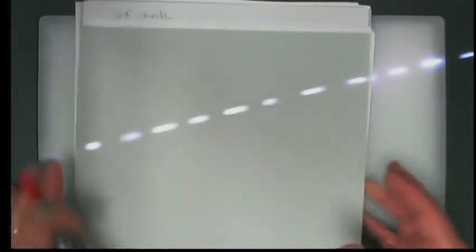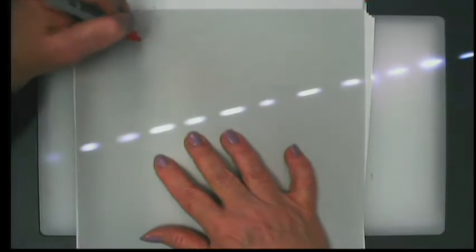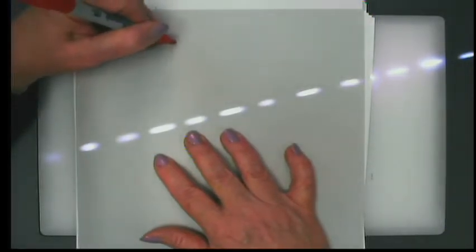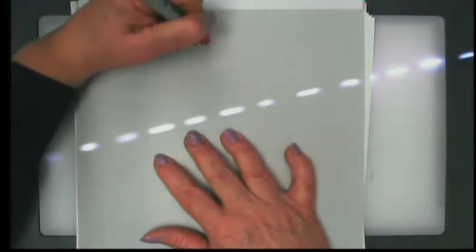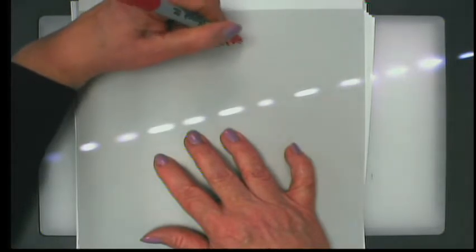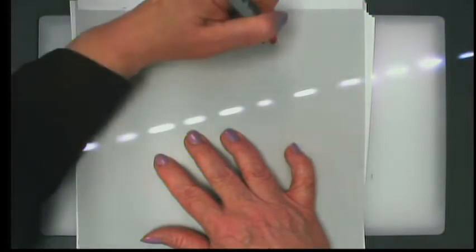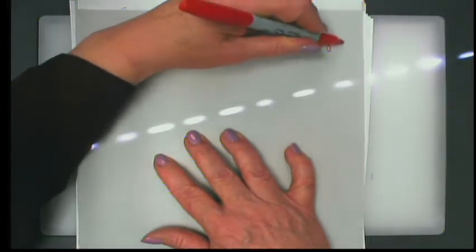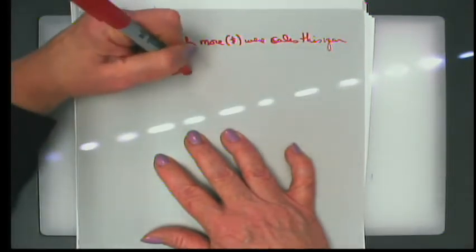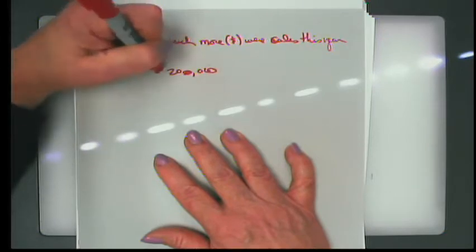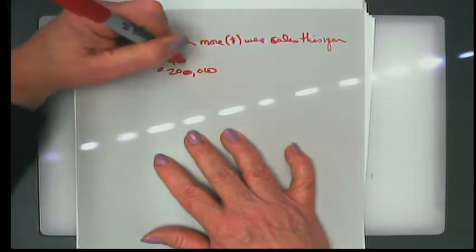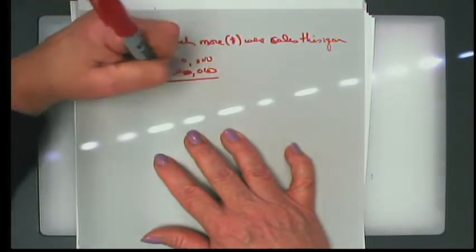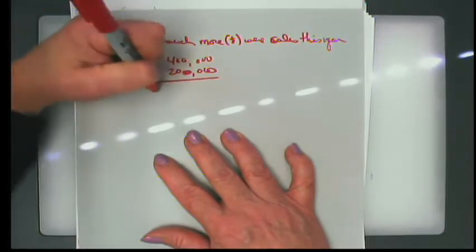Okay, there's a couple of things to learn here. First of all, how much more in dollars were sales this year? They used to be $200,000, and now they're $400,000. You'd subtract.